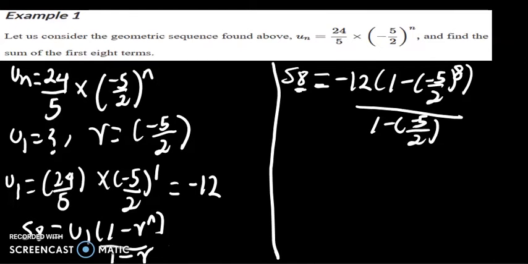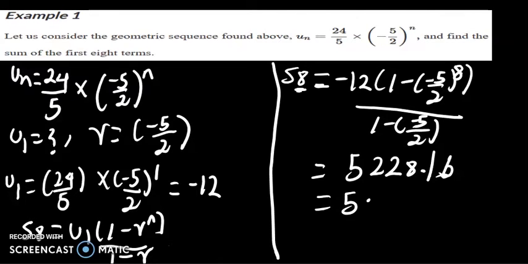If you simplify this, you will get 5228.16, or in 3 significant figures, 5.23 times 10 to the power 3. You can do this on your calculator and find the answer.